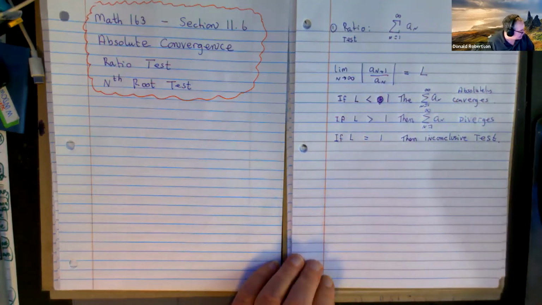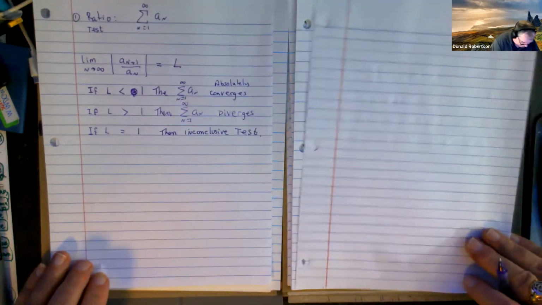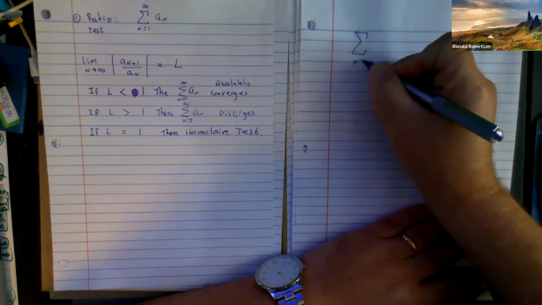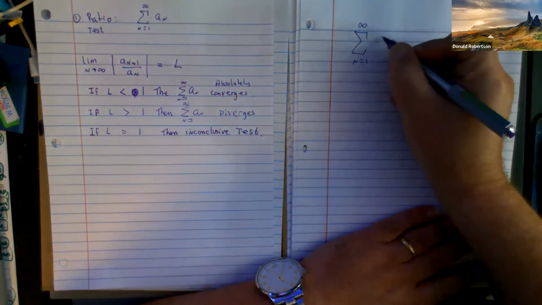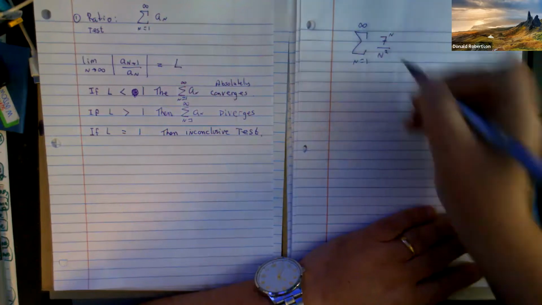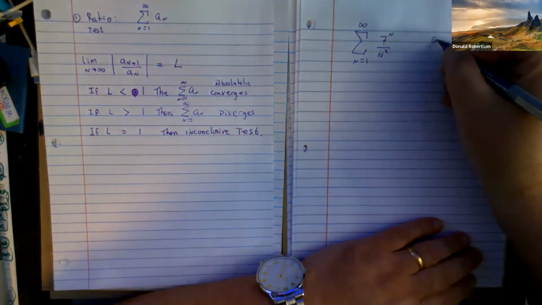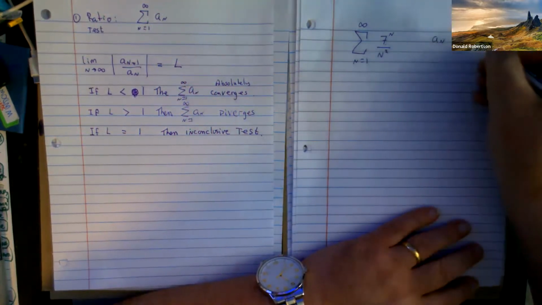So let's pick one. Imagine that I wanted to find out whether this thing converges or not, and it's going to be 7 to the n over n squared. Now the guy that we are calling a_n is this fella.